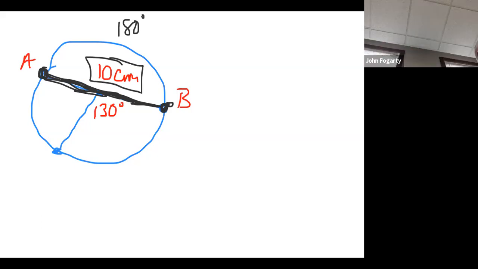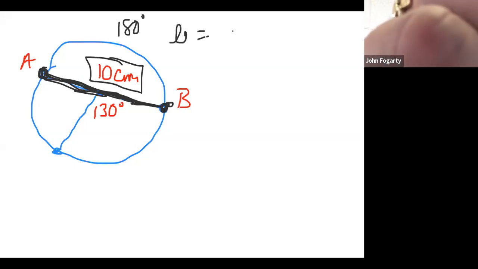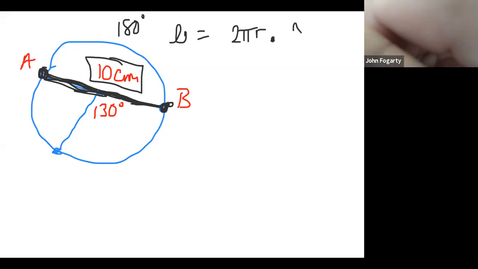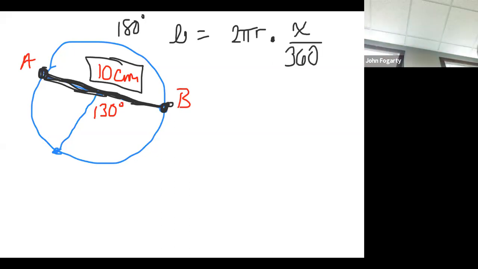My formula for the length of an arc is always equal to 2 pi r times the measure of the arc over 360. Well, I don't know the radius. They gave me the diameter, but the radius is half the diameter.